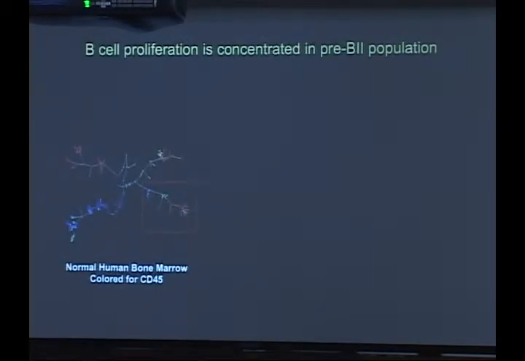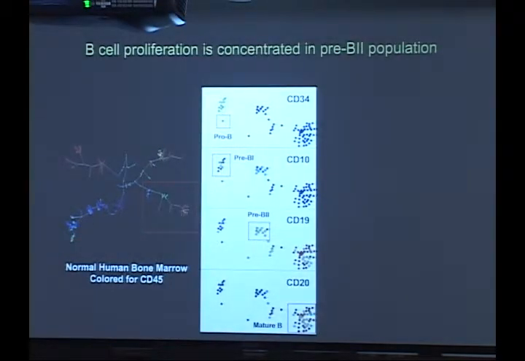And once we've done that, now we can use those populations to look at the cell cycle state across these different groups. And so here we can just color the B cells for their expression of the common defining markers. So we can find the pro-Bs have a little bit of CD34, CD10 in the pro-Bs and pre-B1s, CD19 in the pre-B2s, and CD20 is only in basically the mature populations.